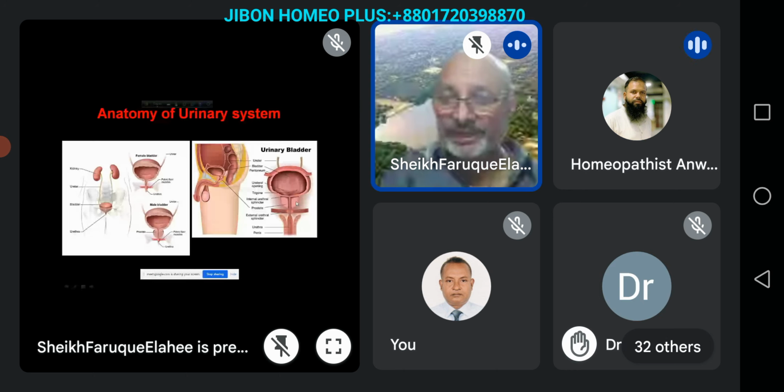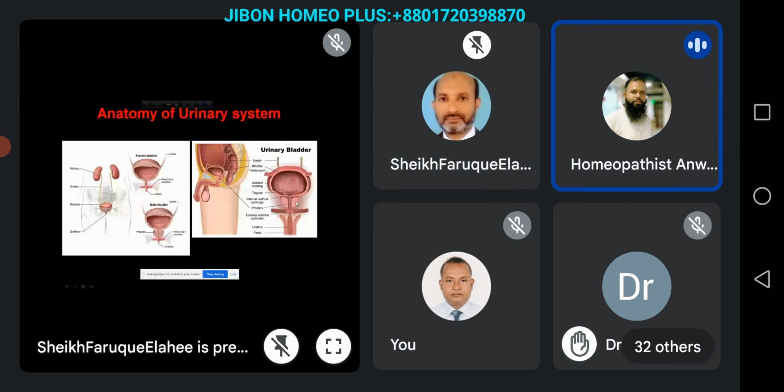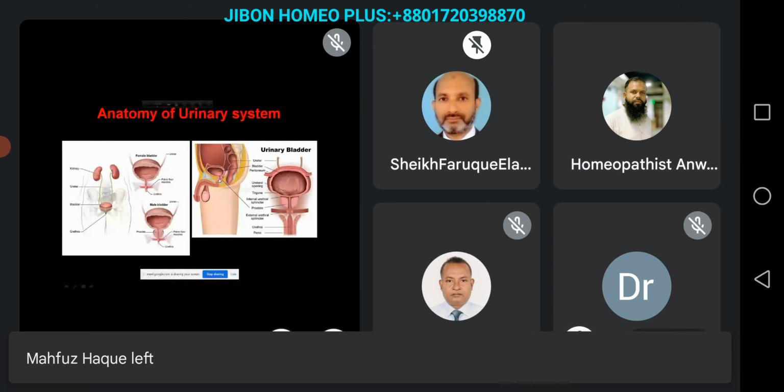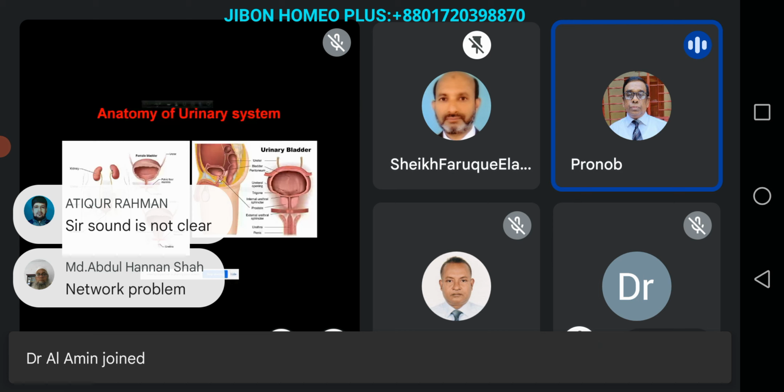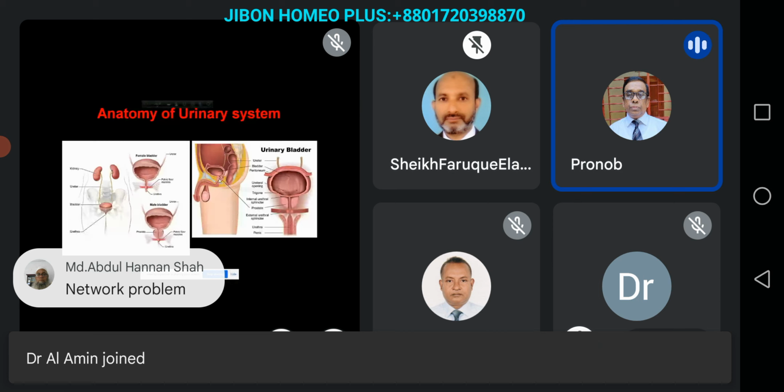This is the prostate, which has three parts. This is called the prostatic urethra. Excuse me, sir, we are not hearing clearly.